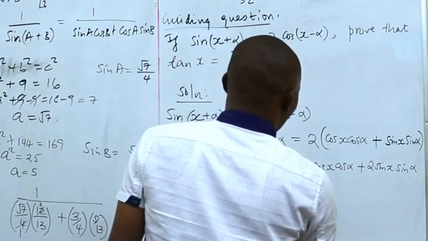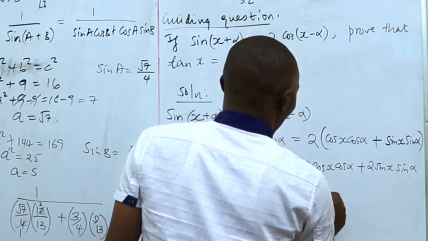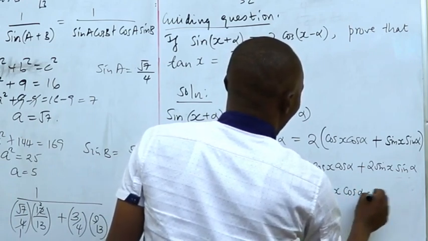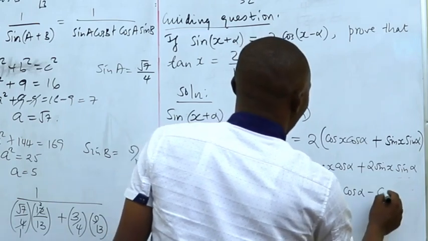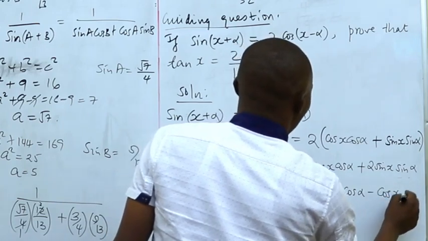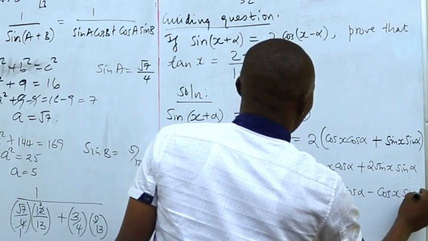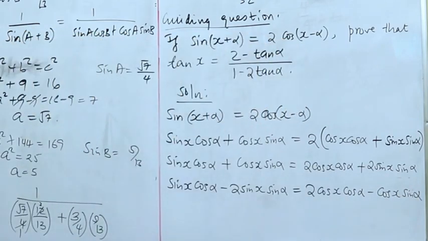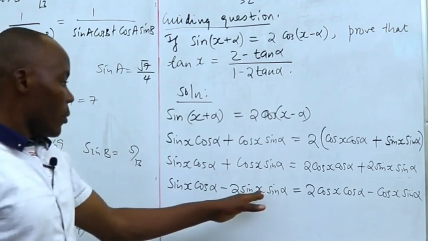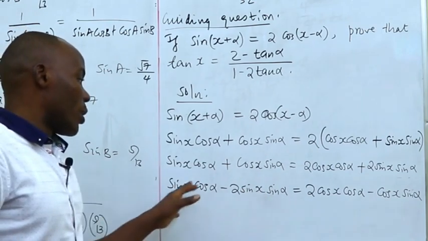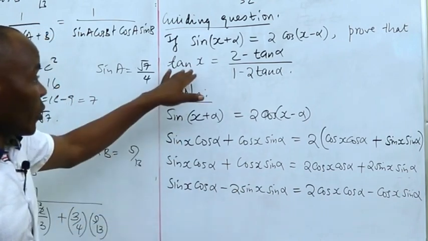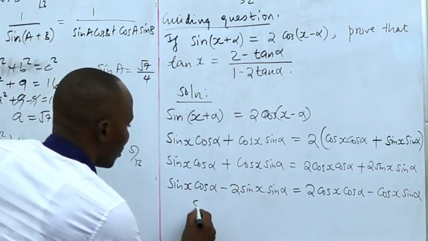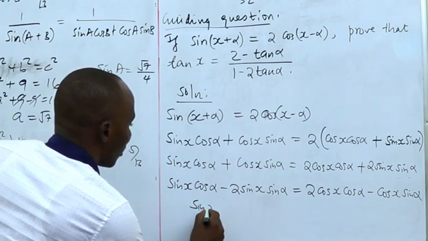This one is equal to 2 cos x cos alpha minus cos x sine alpha. Now, there is a common factor here because what we are interested in is the tan x. The common factor is the sine x.